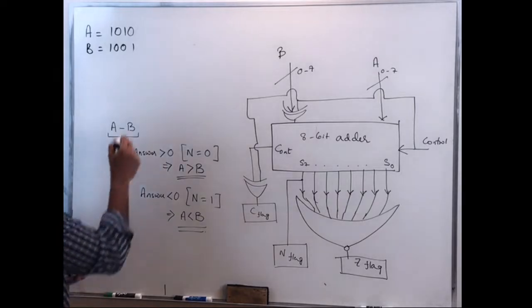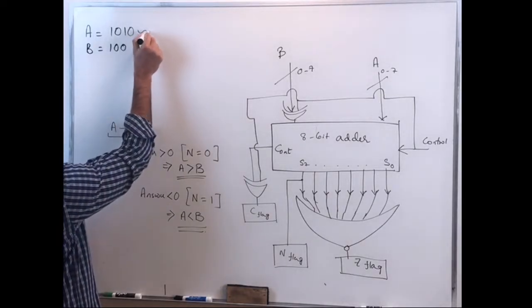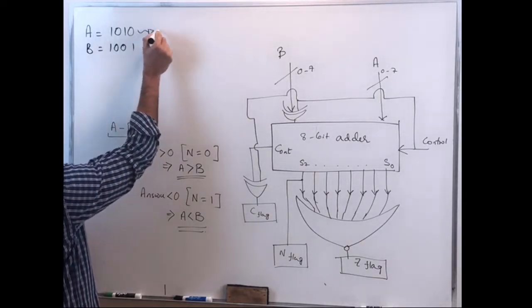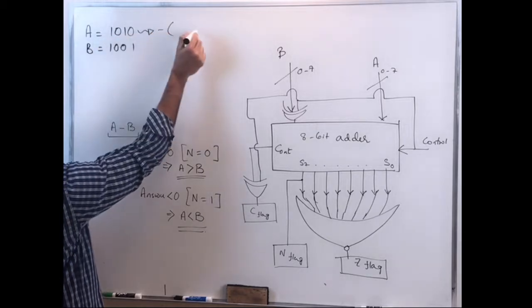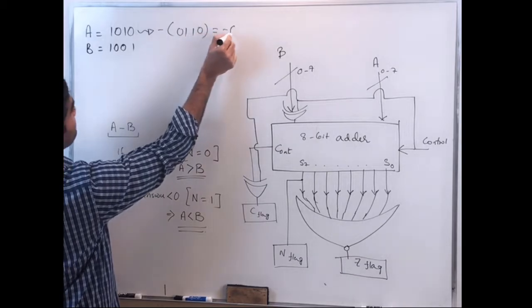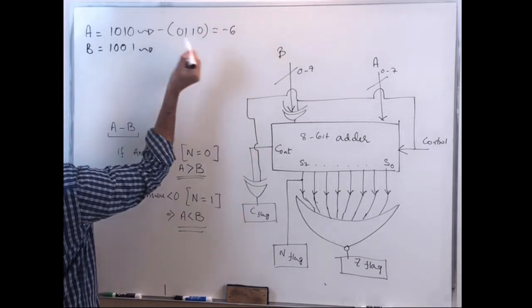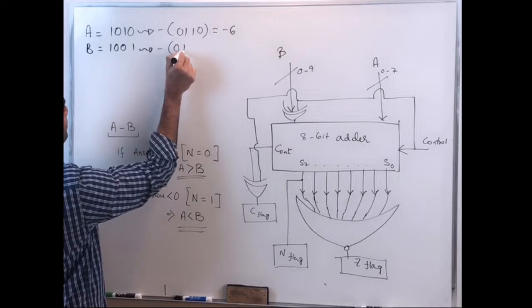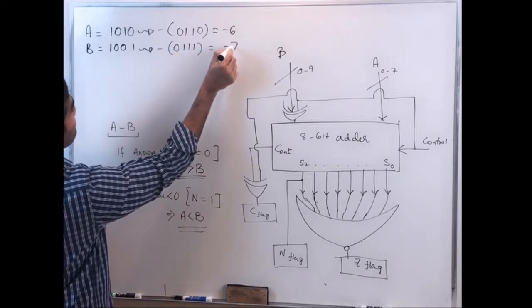If these are signed numbers, my A would be minus the 2's complement, which is 0, 1, 1, 0, so minus 6. For B, we have already done that, so that's minus 0, 1, 1, 1, which is minus 7.